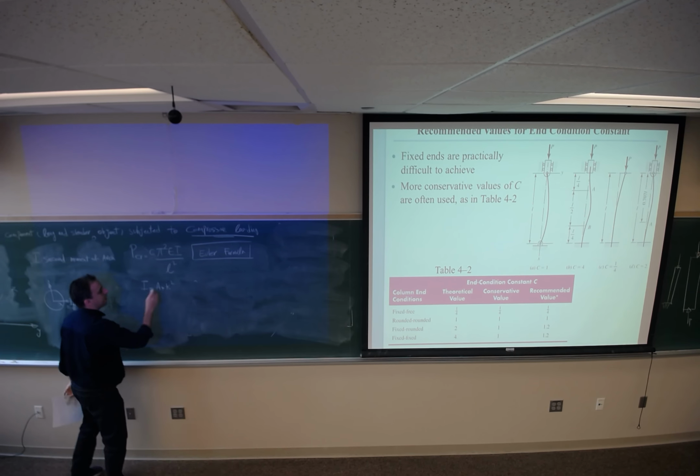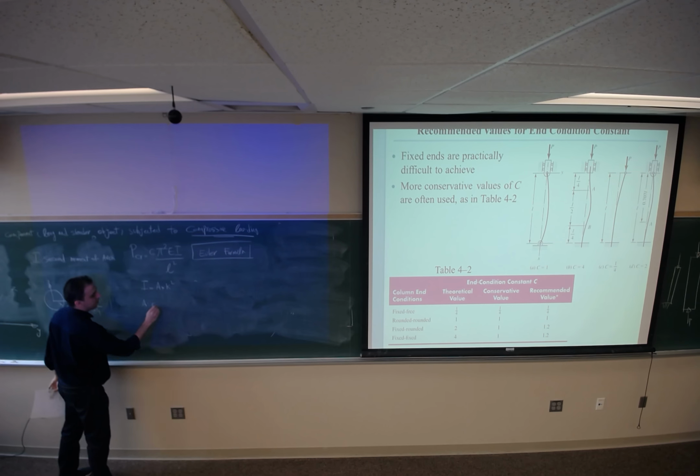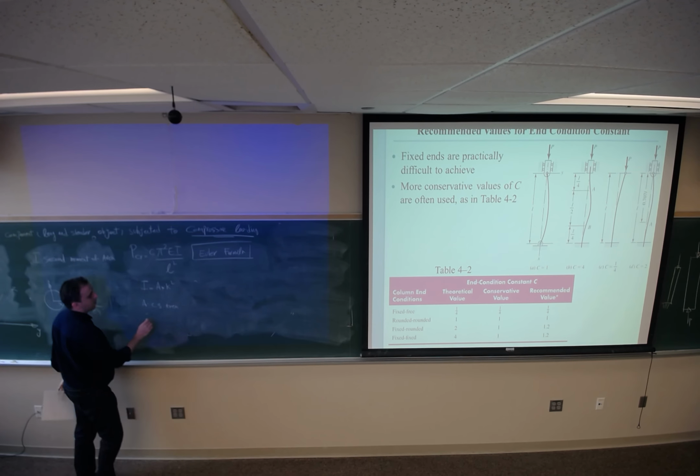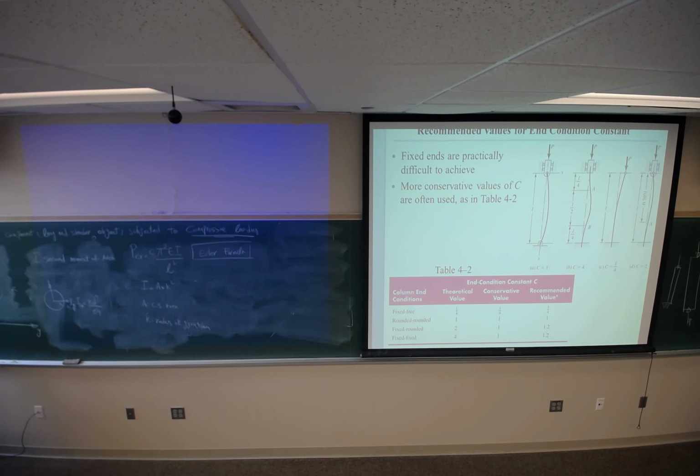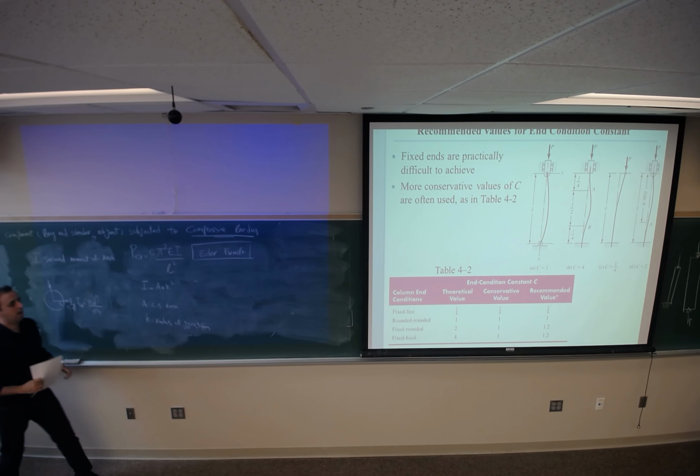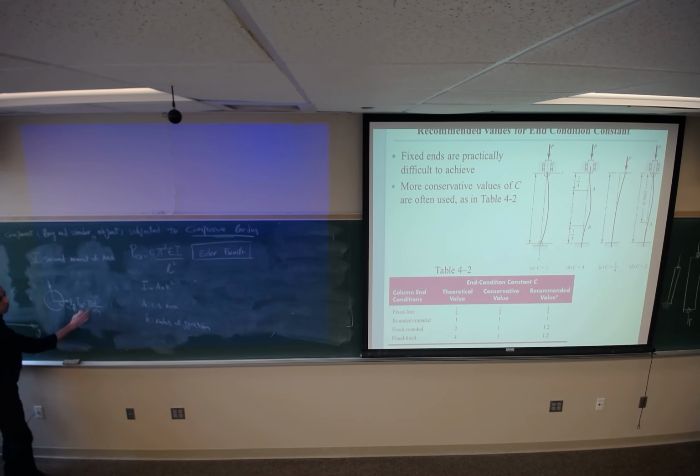I can write I equals the cross section area A times k squared, where k is the radius of gyration. For a circular cross section, I is pi d power 4 divided by 64, equals area, which is pi d squared divided by 4, times k squared.